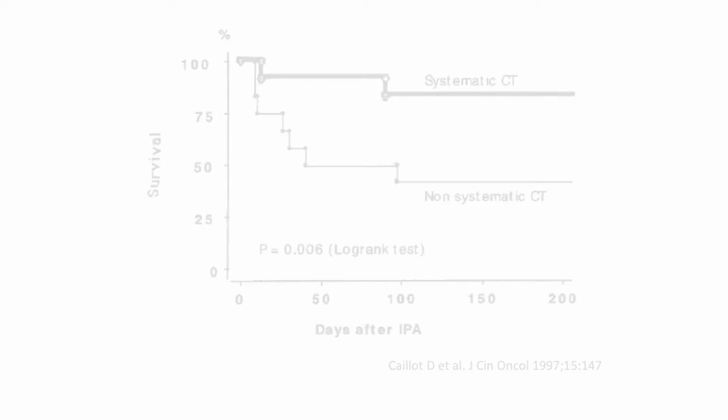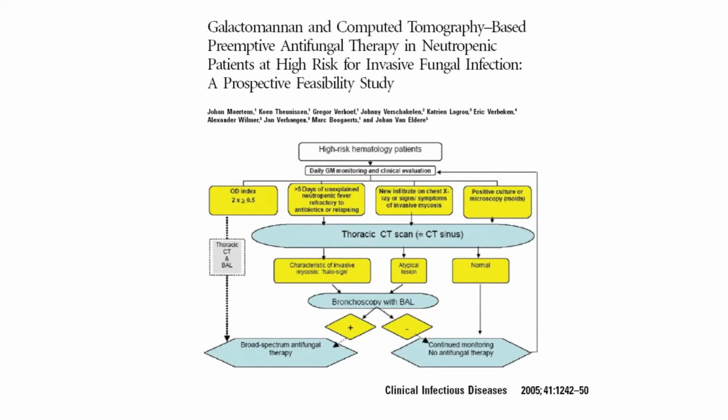which is quite dramatically shown in this graph. So because of that, as you can see, many people decided to change their strategies, and this is the basis for a change from an empirical antifungal strategy in febrile neutropenics to one that is diagnosis-driven, or what some people call a preemptive type of approach. So this is one of the earliest papers.